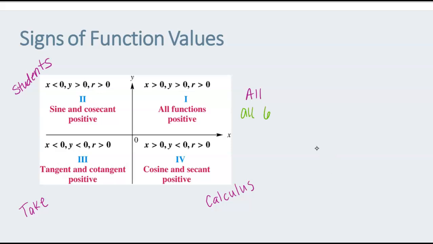All 6 trig functions are positive in this quadrant. Every single one is going to have a positive, a plus sign in front of it. Over in the second quadrant, the sine is positive. Since the sine is positive and its reciprocal is cosecant, cosecant is also positive because they are reciprocals.